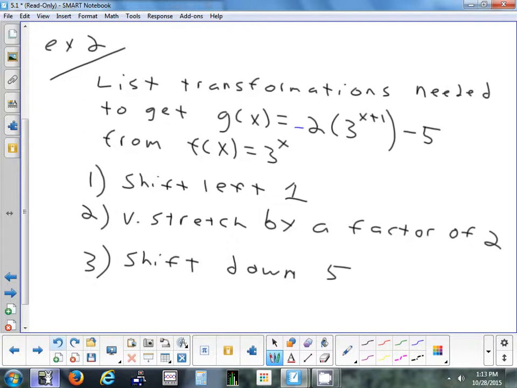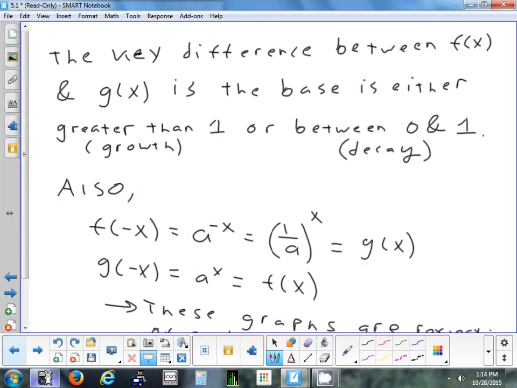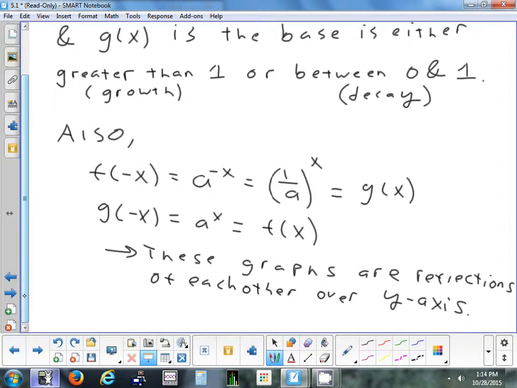That would flip it vertically, so flip it over which axis? It would flip it over the x. If I put a negative in here, it would flip it over the y. And that's actually what we just proved right here. Change your x to a negative x, it flips it over the y-axis.